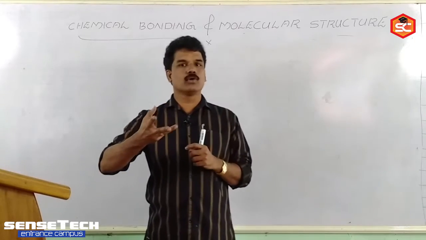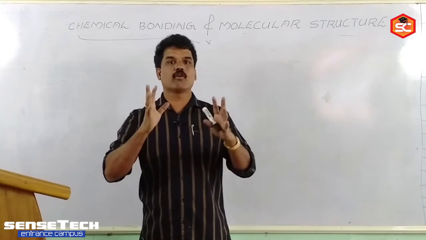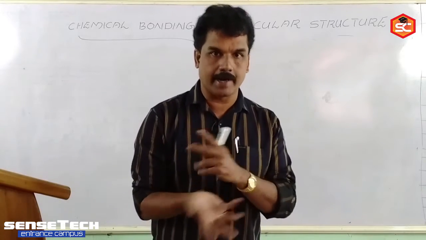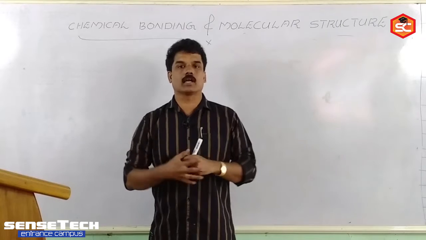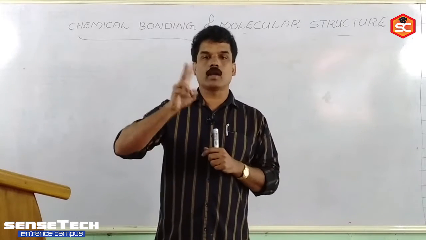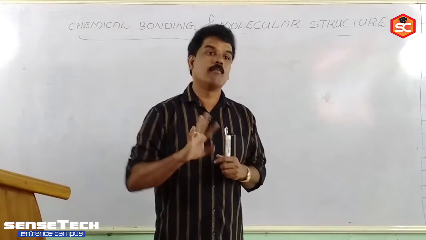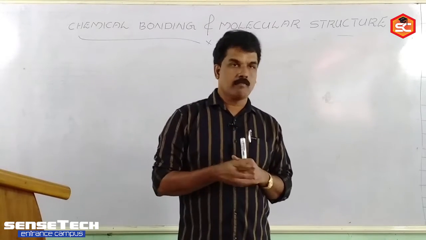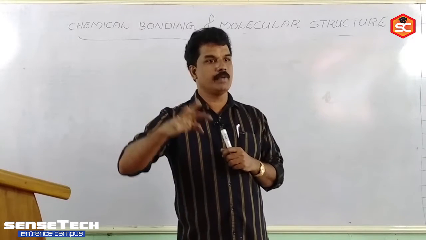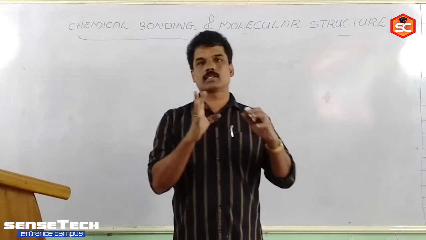In the molecule also, electrons exist in various orbitals. Those orbitals are called molecular orbitals. Atomic orbitals overlap, and we get a molecular orbital. When atomic orbitals overlap, what actually exists in the orbital? Electrons.